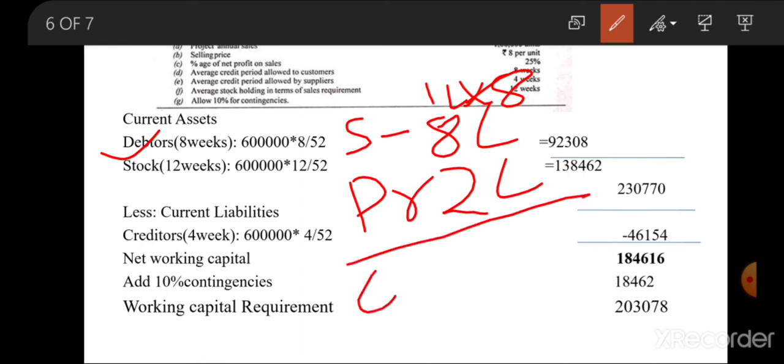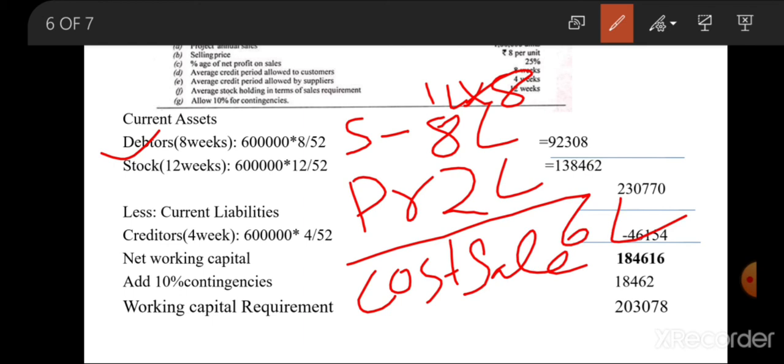Then the cost of sale is equal to 6 lakh. 6 lakh multiplied by your average debtor collection period, that is 8 months, divided by number of days or weeks. If it is given in weeks, then we take 52 weeks. So this is your investment in debtors.